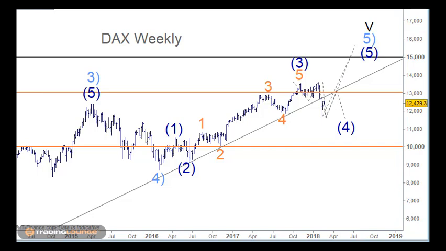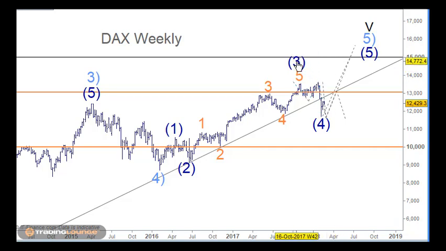So wave 4 can be in place here already. We can go straight up there. However, the problem that we have with this is that US markets have this is the top of wave 3 over here, okay, and many of the European markets are the same as well, but we noted that we had 5 waves up here, so we had to look at this being corrective here, here and here.